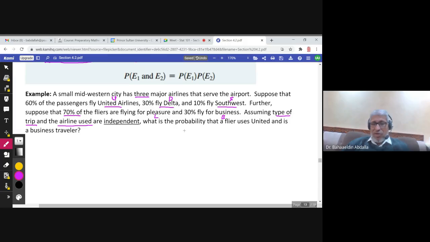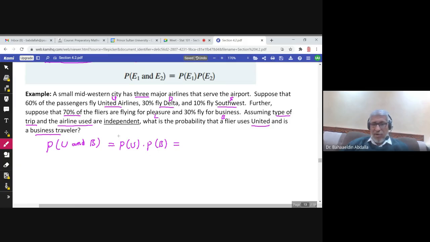The question: what is the probability that a flyer uses United and is a business traveler? So he is asking about probability of U, United, intersection B, business traveler. Because the two variables are independent, the probability of the intersection would be probability of U, the first, times probability of the second.